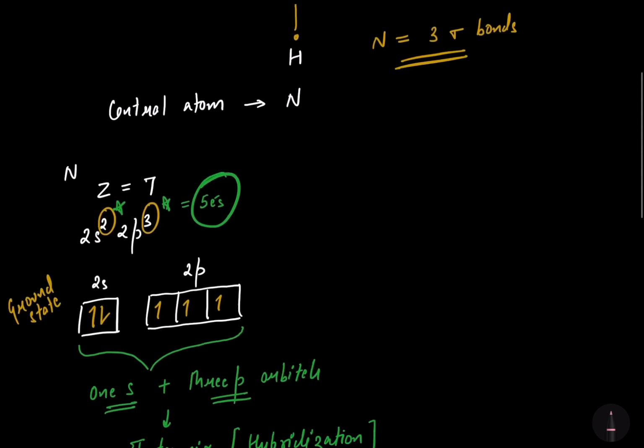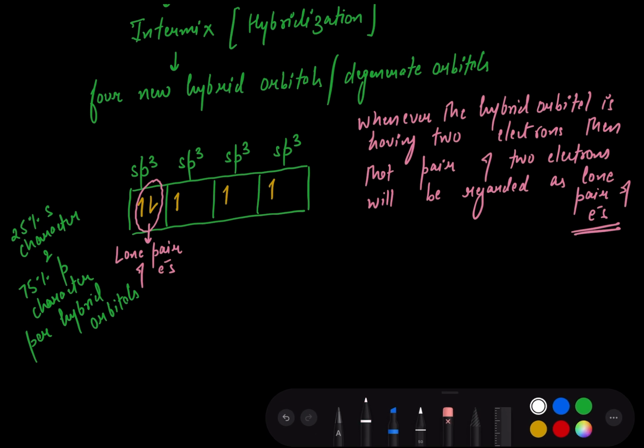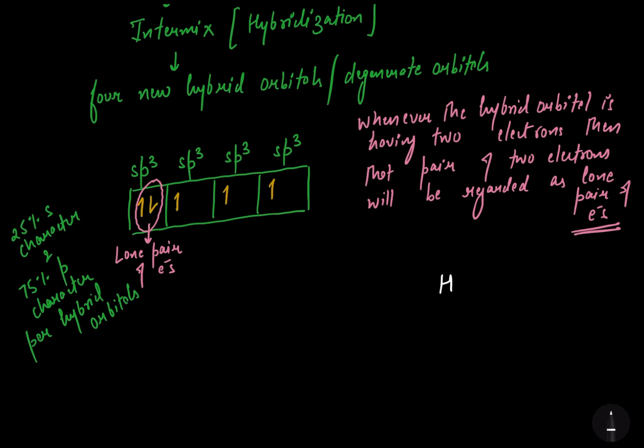Now after that there is the formation of sigma bond between the sp3 hybrid orbitals and the s orbitals of the hydrogen. So let's talk about the hydrogen first. What's the atomic number of the hydrogen? That's 1. So what will be its configuration? That's 1s1. So we are having 3 hydrogen atoms. I'm taking first hydrogen atom over here. Its configuration is 1s1.